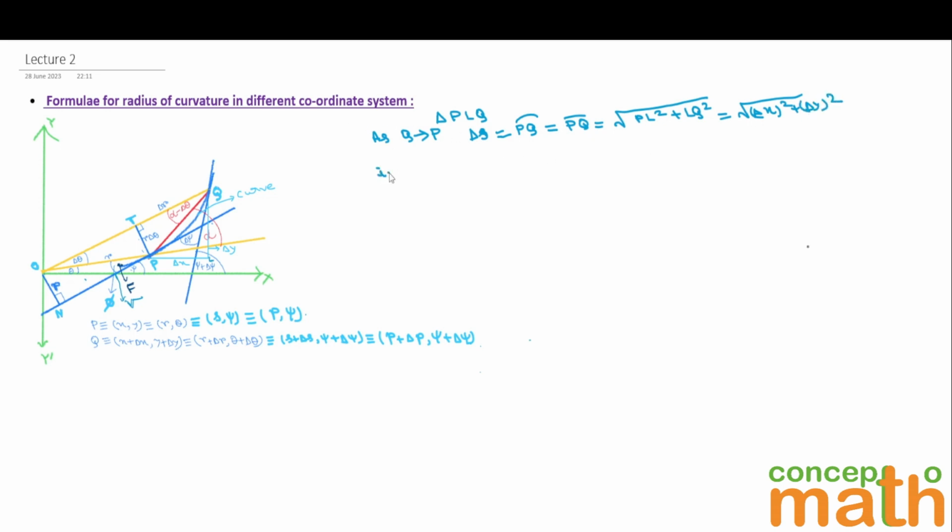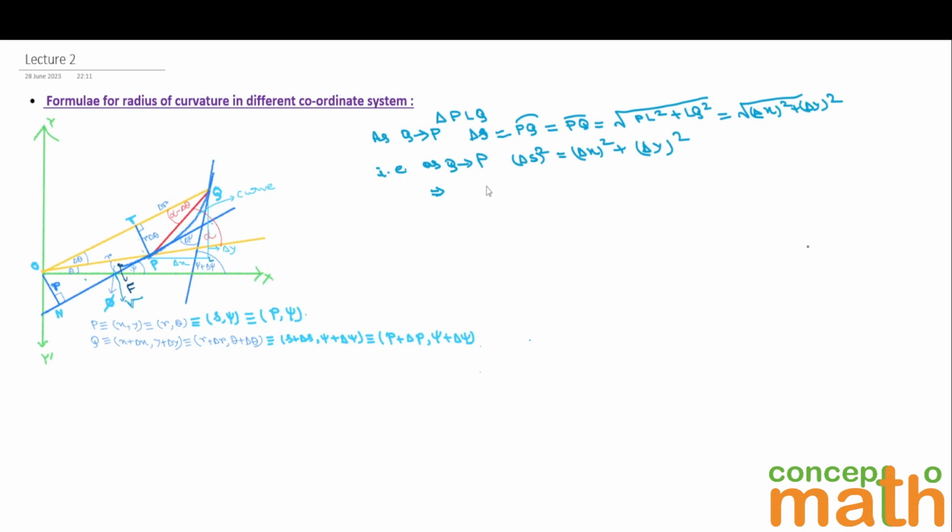That is, as Q approaches the point P, we have delta S whole square is the same as delta x whole square plus delta y whole square. So from here we can write that as Q approaches P, delta x will approach 0.